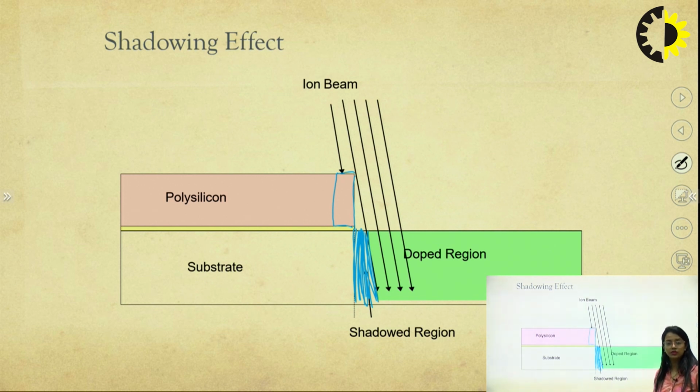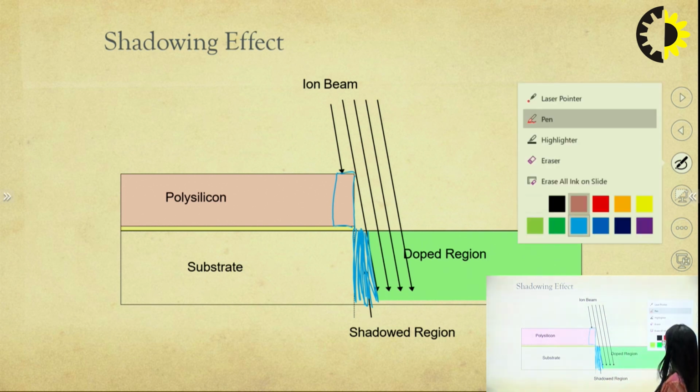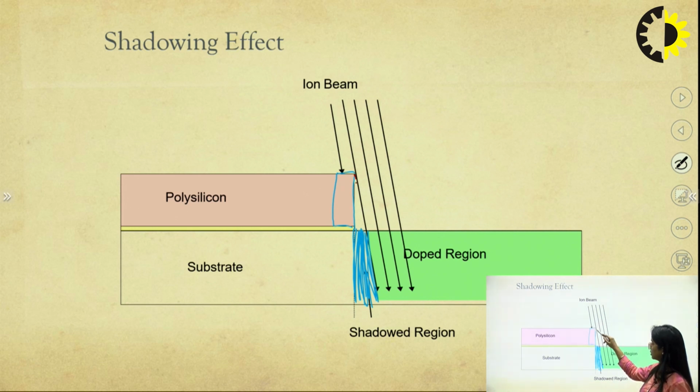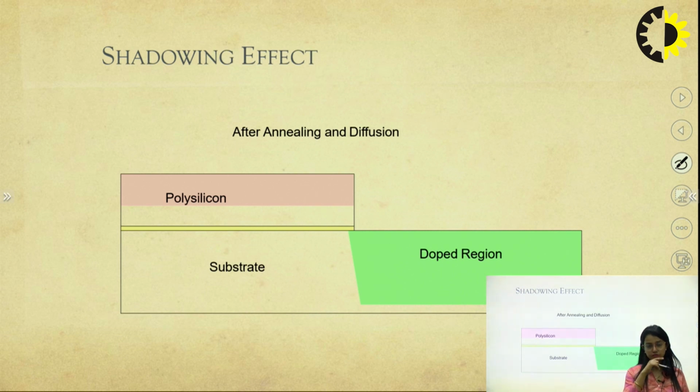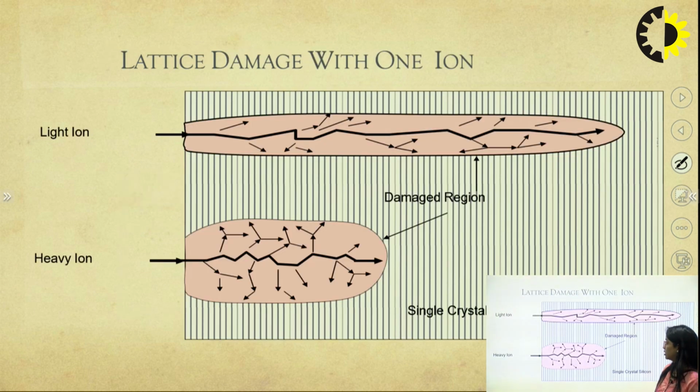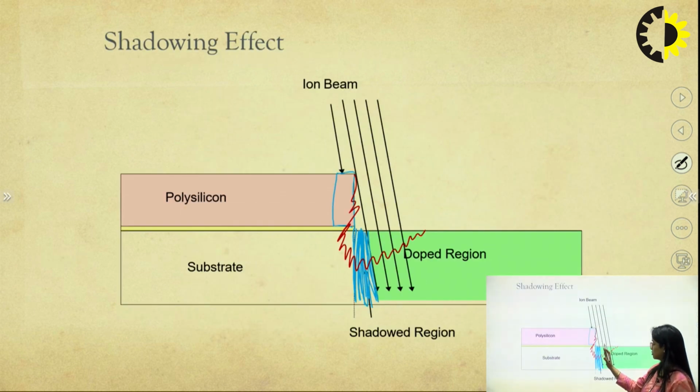In the case of the beam, this is a flaw, whereas in diffusion, the required molecule will diffuse like this. So this shadowing effect will never take place in diffusion. And after we have gone through a process of annealing, this added doped region will extend a bit, but it will not solve the purpose to a great extent.